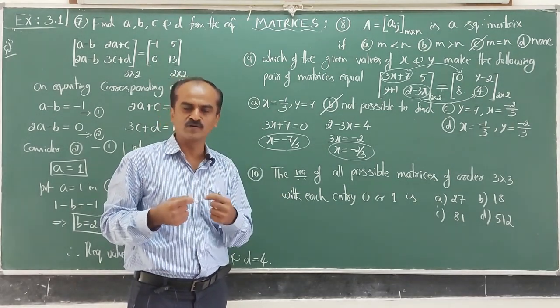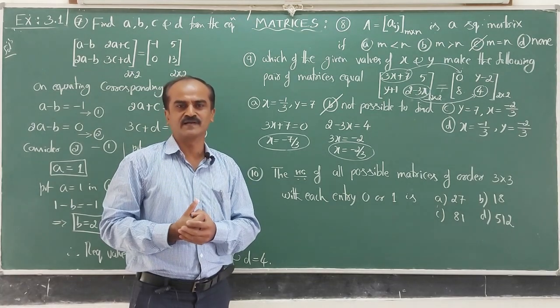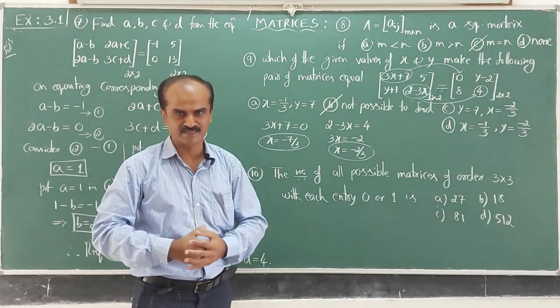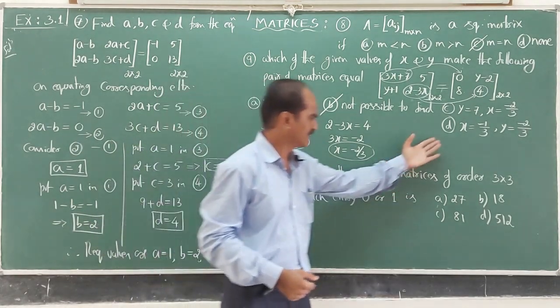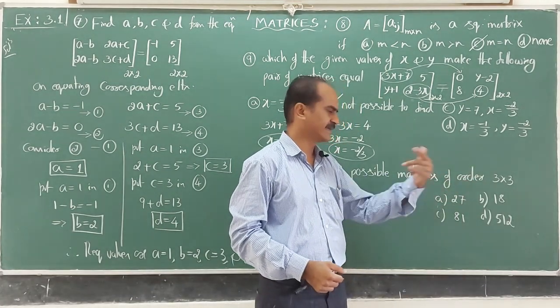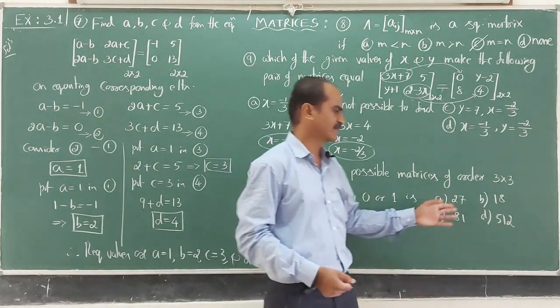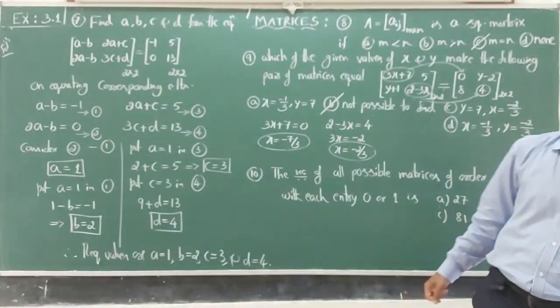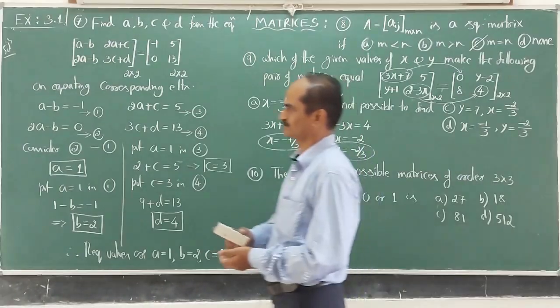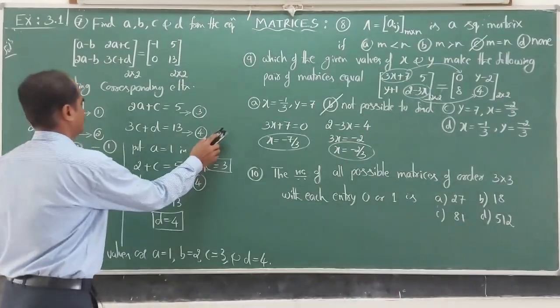Using 0 and 1 only, you need to construct different matrices. How many 3 by 3 matrices you can construct? They are given different options, 27, 18, 81 and 512. Now, how we can construct the required matrix?